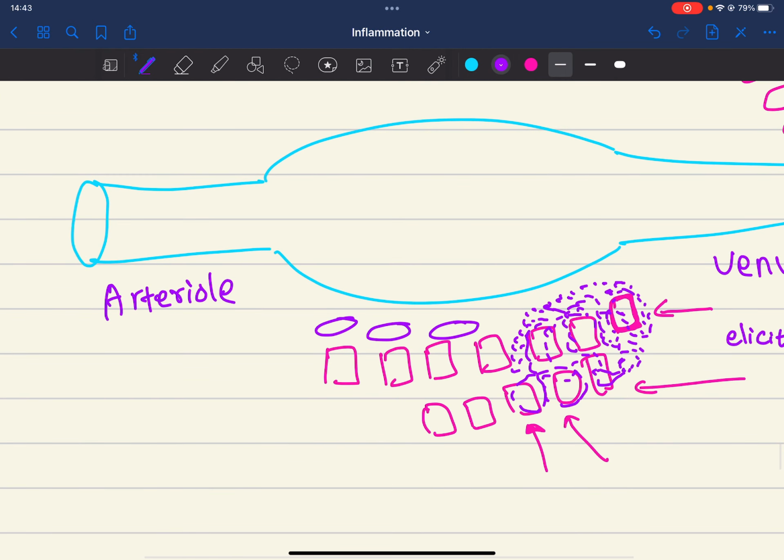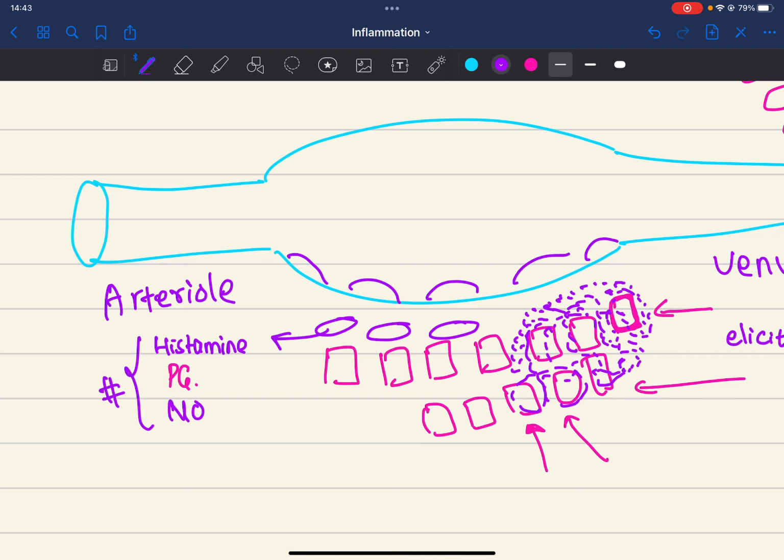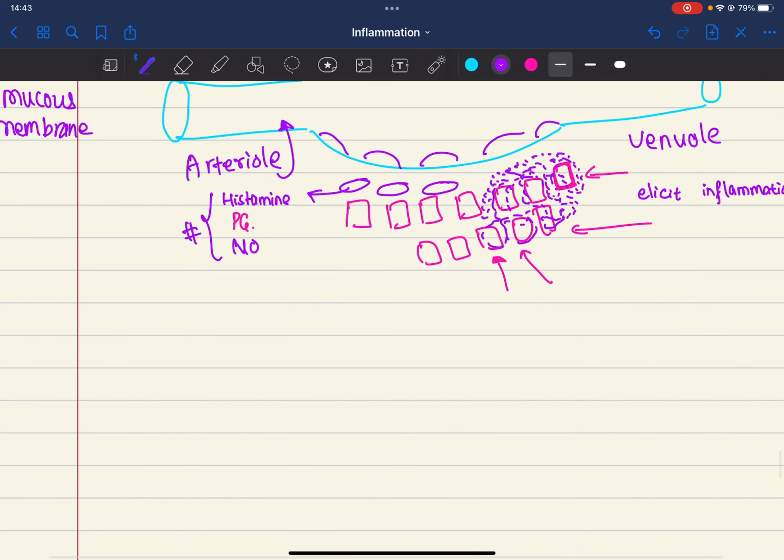Now this mast cell secretes histamine, the injured cell secretes prostaglandins, and the endothelial cell secretes NO. And all these three chemical mediators of inflammation created arteriole dilation.